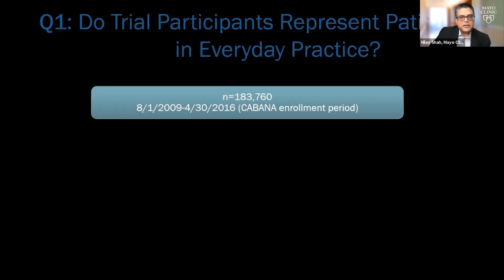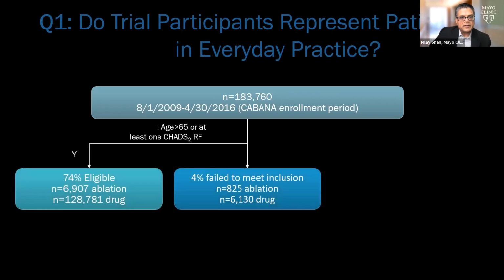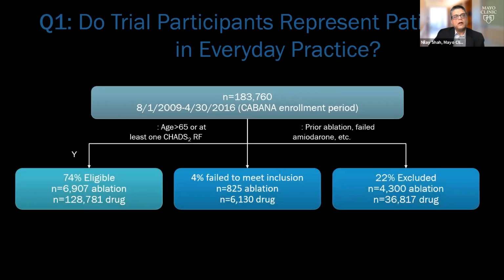So, do trial participants represent patients in everyday practice? Overall, when we apply the inclusion-exclusion criteria, about 74% of the patients would be eligible to participate in the trial. 4% failed to meet inclusion criteria and 22% were excluded.